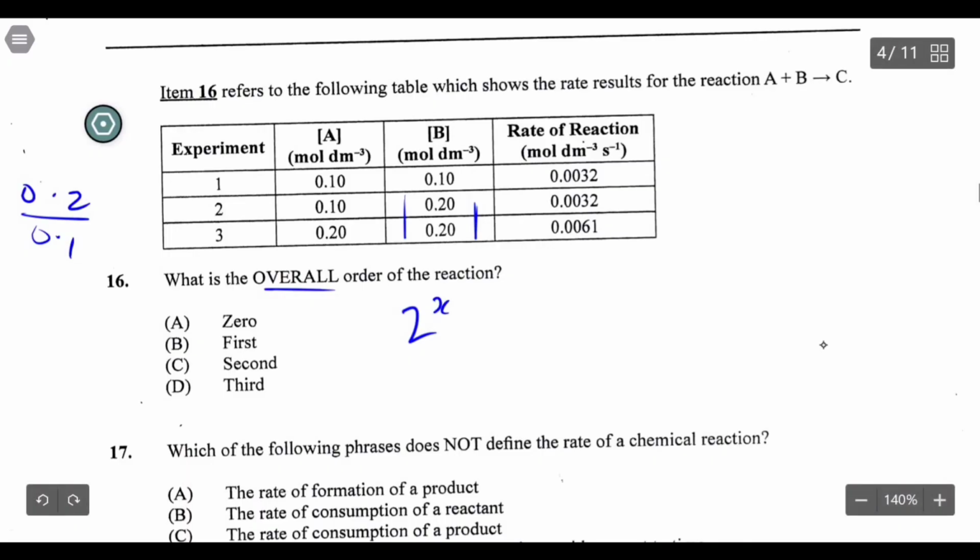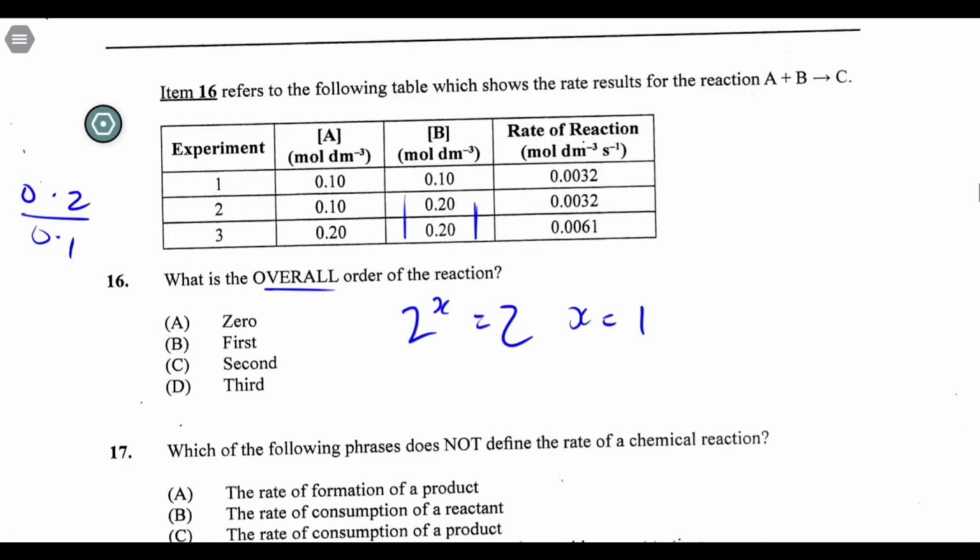Now you want to say 2 to what power will cause what happens to the rate of the reaction here? 0.0061 over 0.0032. I'm sure it doubles, but let's look. So it increases by a factor of 2. So 2 to what power gives you 2? x would be equal to 1. Therefore, the order of the reaction with respect to A is first order.